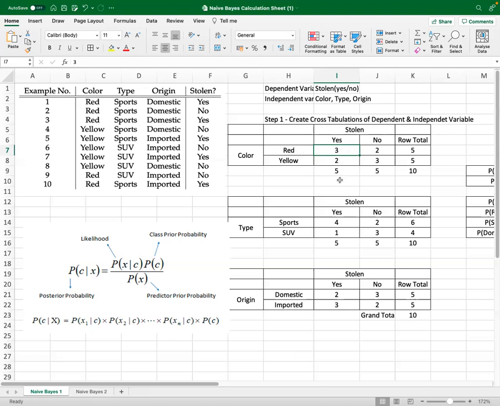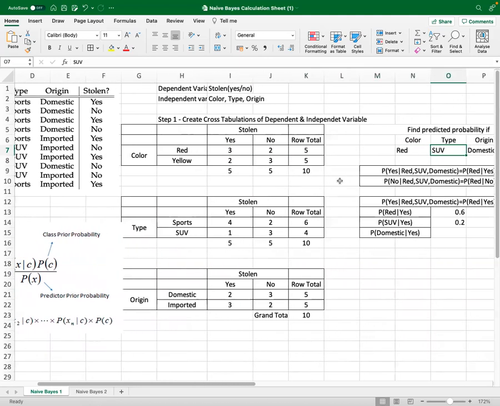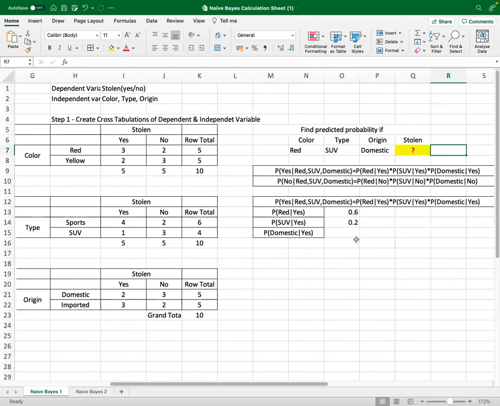What is the probability of B? B is yes, okay. So how many domestic are stolen? Is equal to 2 divided by 5, 0.4.